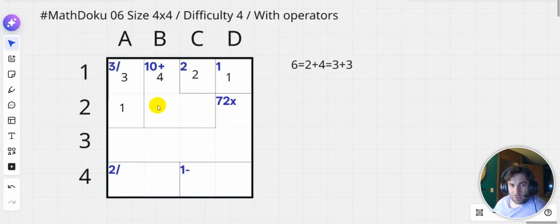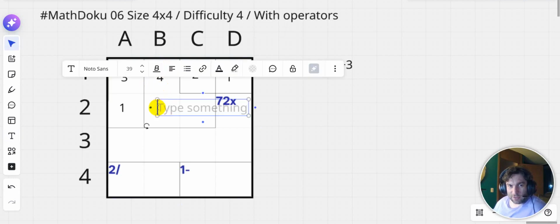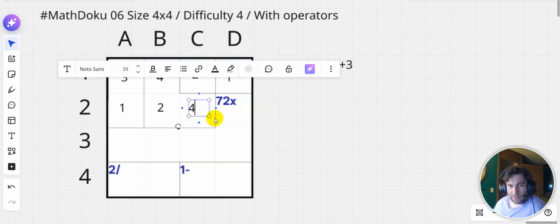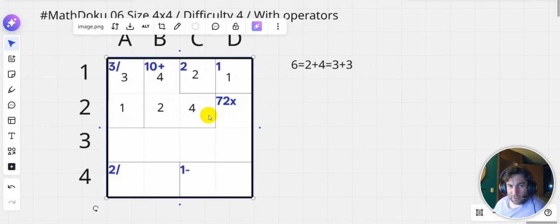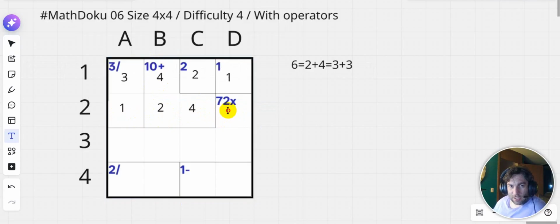But 4 cannot be in column B because it already has 4 here, so here's 2 and here's 4. Then the only number missing in column D is going to be number 3.